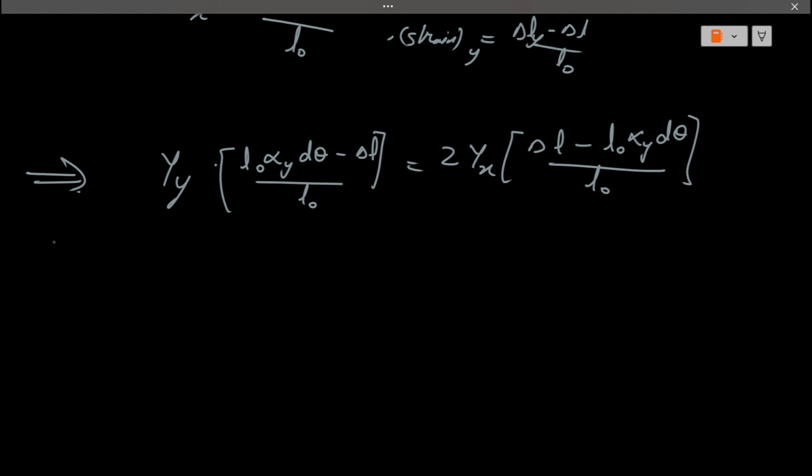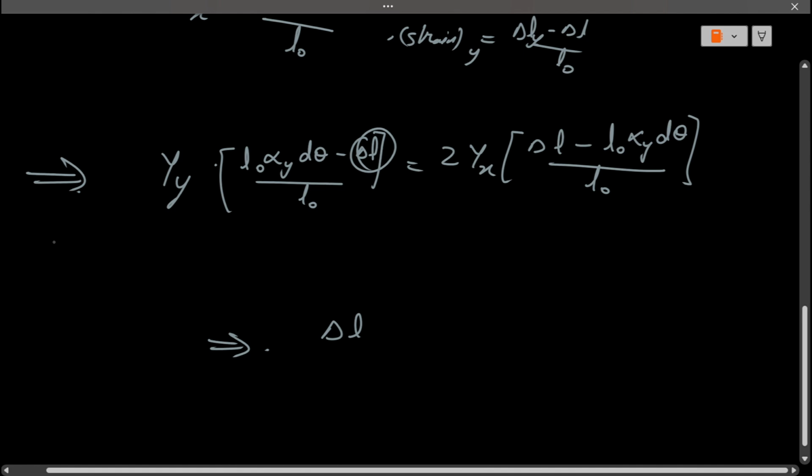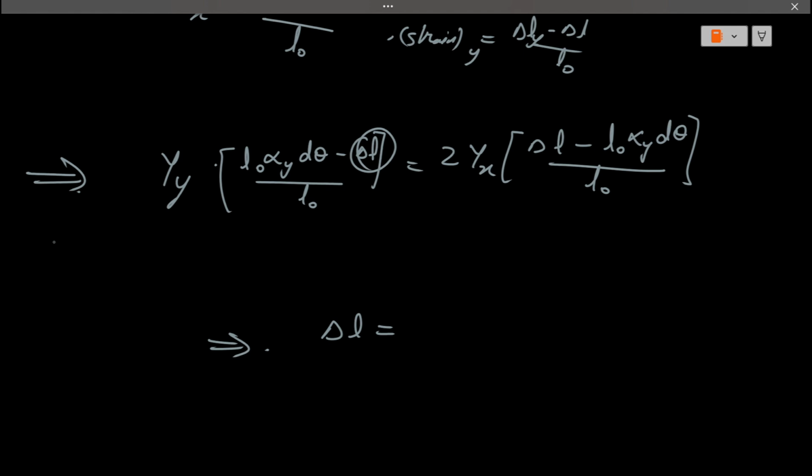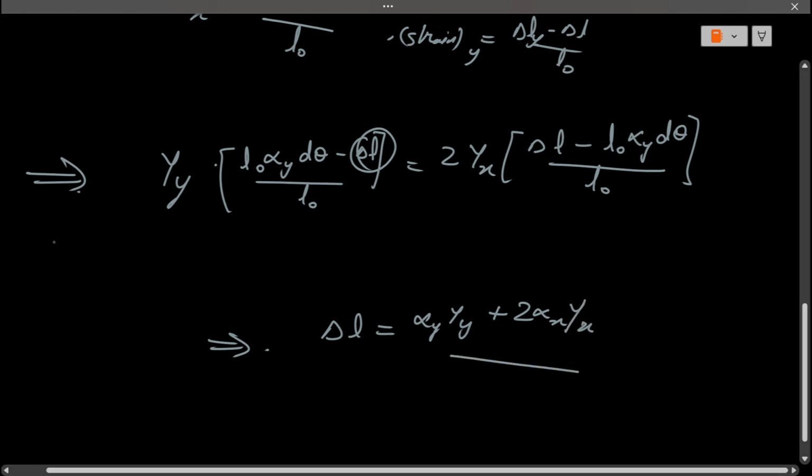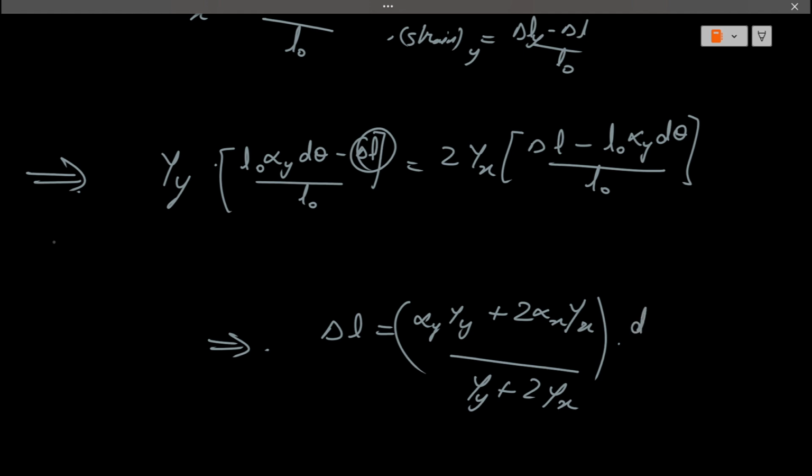So here we need to find the value of delta L. I'm not going to solve this, I'm just going to write the answer here, since arithmetically it can be solved. So we have the value for delta L as alpha y times the Young's modulus of y plus 2 times alpha x times Young's modulus of x, divided by Young's modulus of y plus 2 times Young's modulus of x, multiplied by d theta L0.